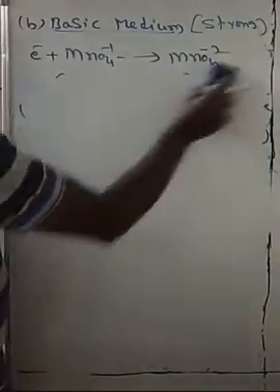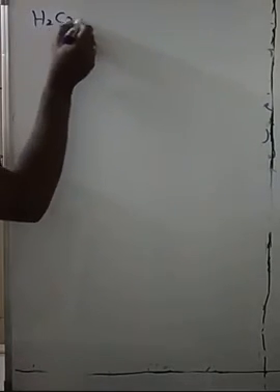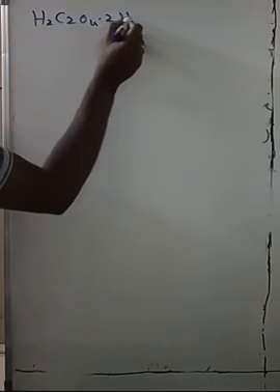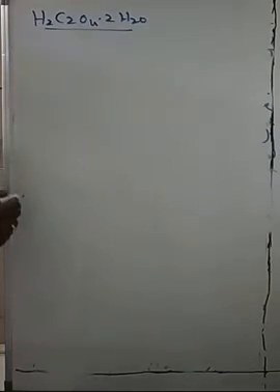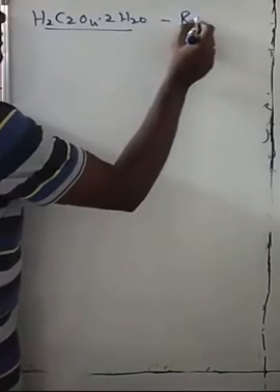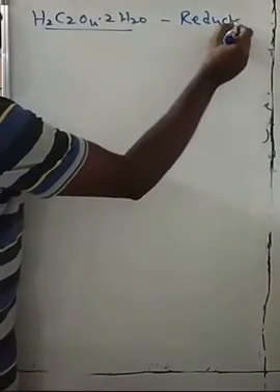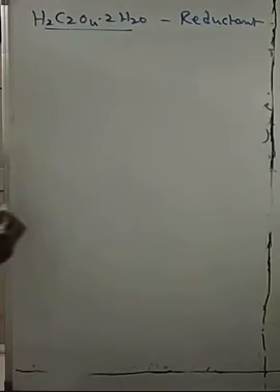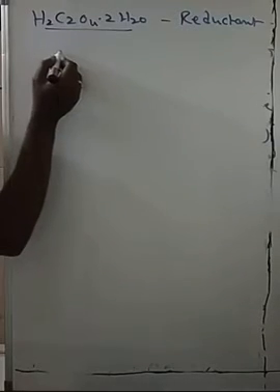Like that, we can take one of the reductants, H2C2O4·2H2O. This is called oxalic acid. It acts as a reductant. Reductant means it acts as a reducing agent. But it itself undergoes oxidation. What happens?